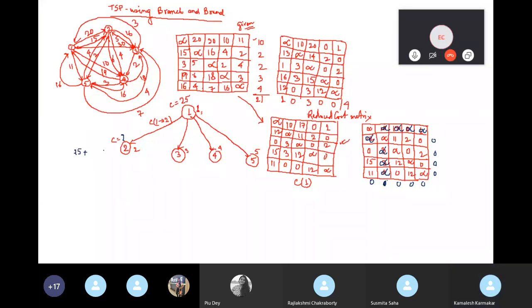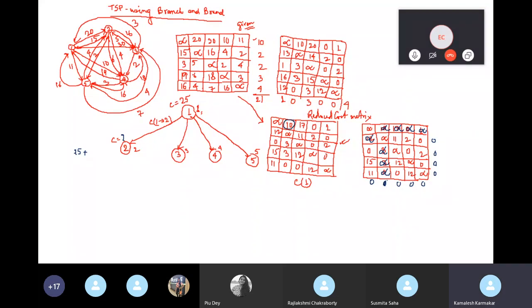Then what is the cost of this edge from vertex 1 to vertex 2? From this reduced matrix, you will get it.